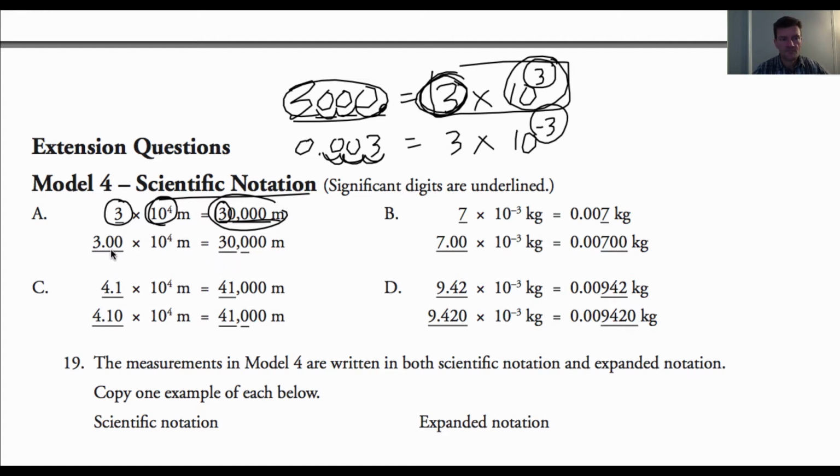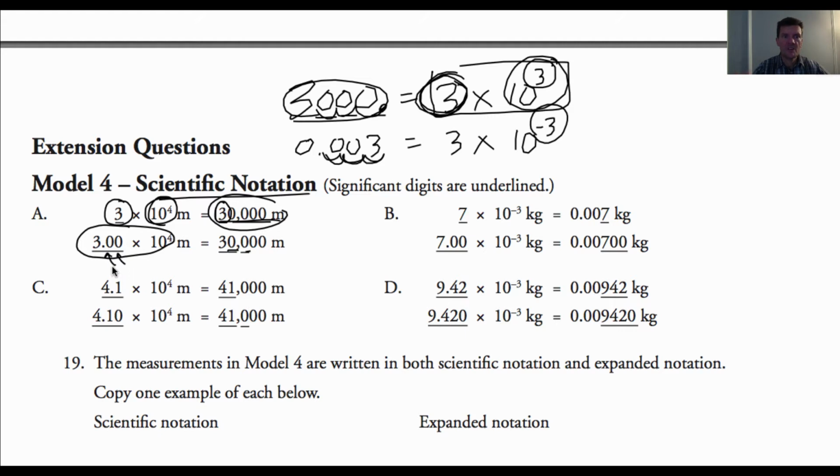If you have 3.00, these zeros are significant, okay? But you wouldn't know that if you expand it and write 30,000 here. You wouldn't know that these zeros are significant if you expanded it, but you would if you write it in this scientific notation, because these zeros are to the right of the decimal point.